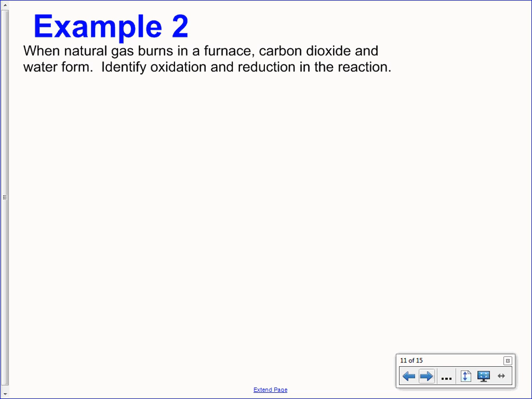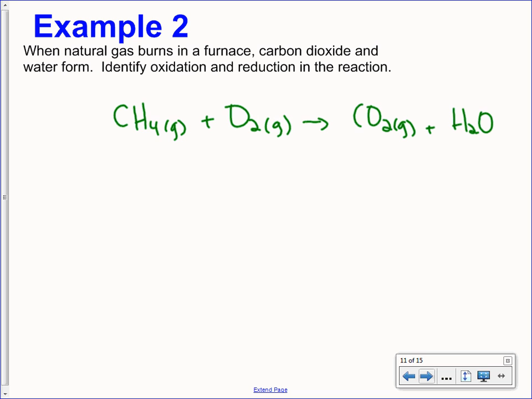So in this case, I'll give you guys the unbalanced equation. So you have natural gas, methane, which will produce carbon dioxide and H2O.